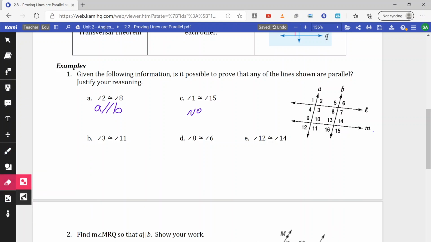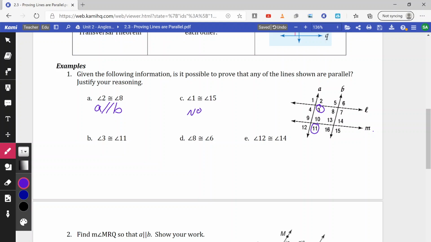Angles 3 and 11. I take a look here. We have 3 and 11 around line A. These are corresponding angles. They are on the same side of the lines.